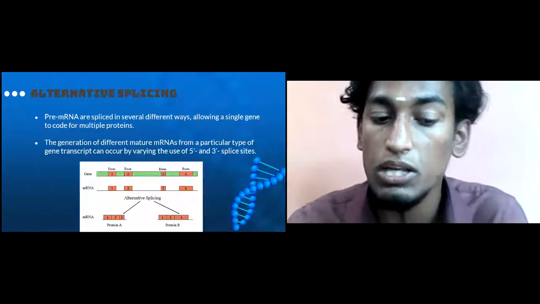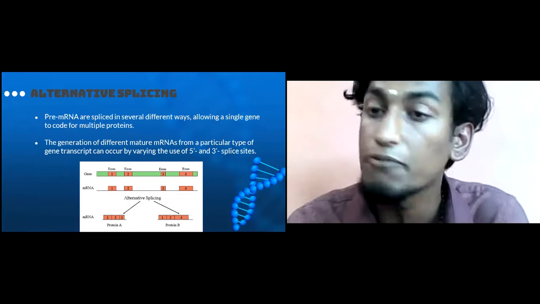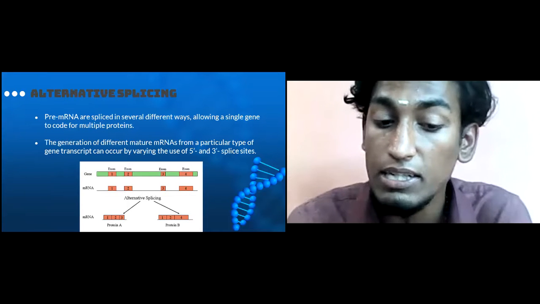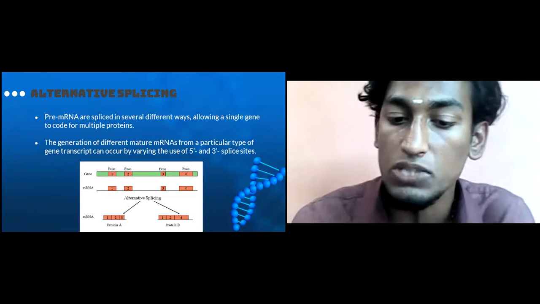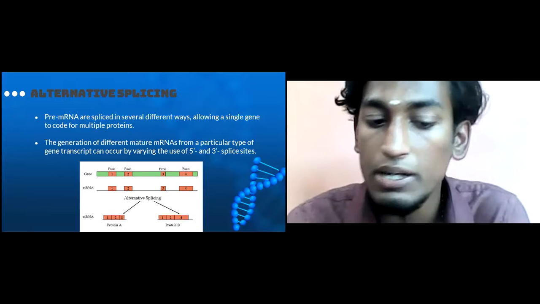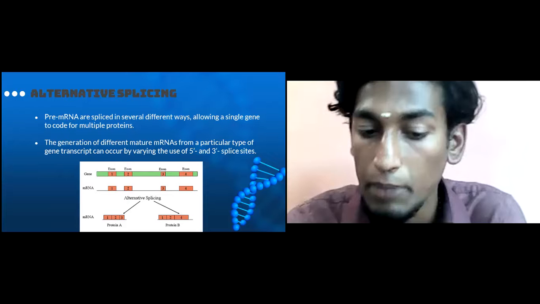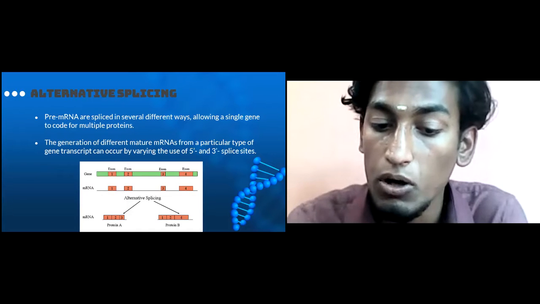In order to generate alternative forms of mRNA, a single pre-mRNA is processed in various ways, resulting in the development of various proteins from the same DNA sequence. In alternative splicing, the same pre-mRNA, the primary transcript, can be spliced in more than one way.